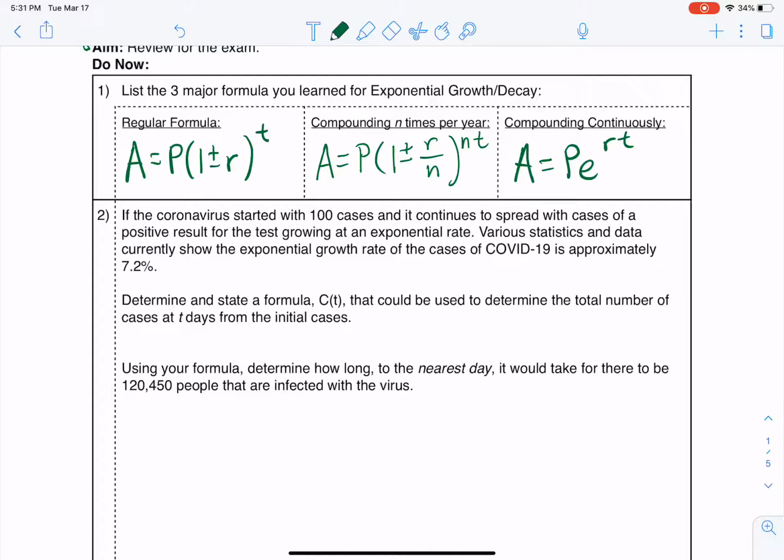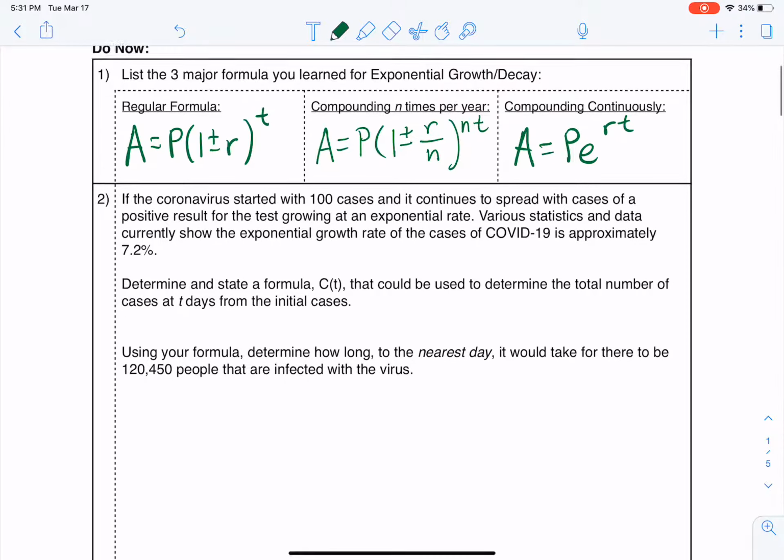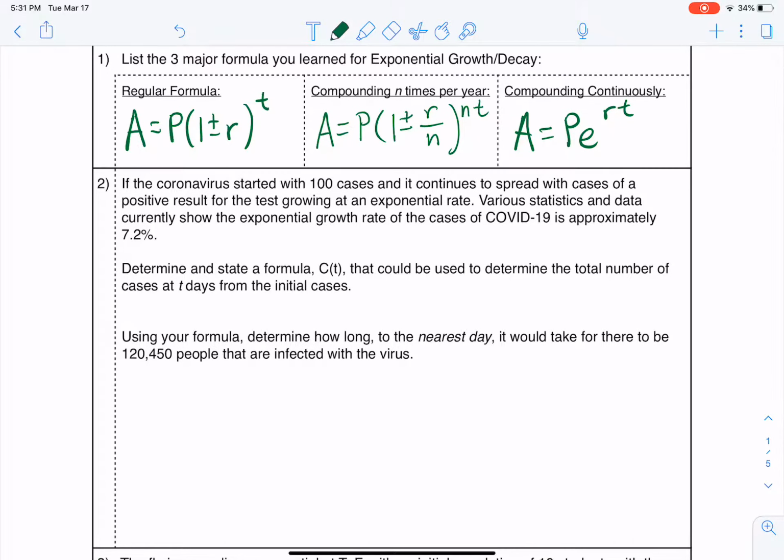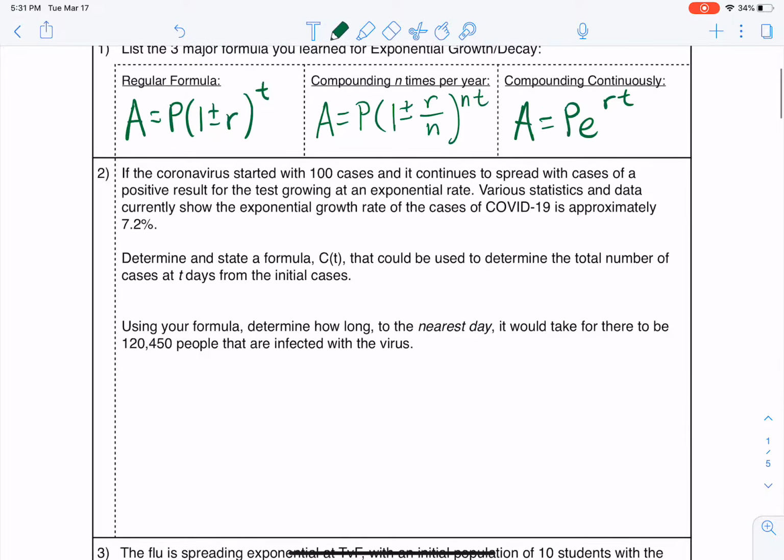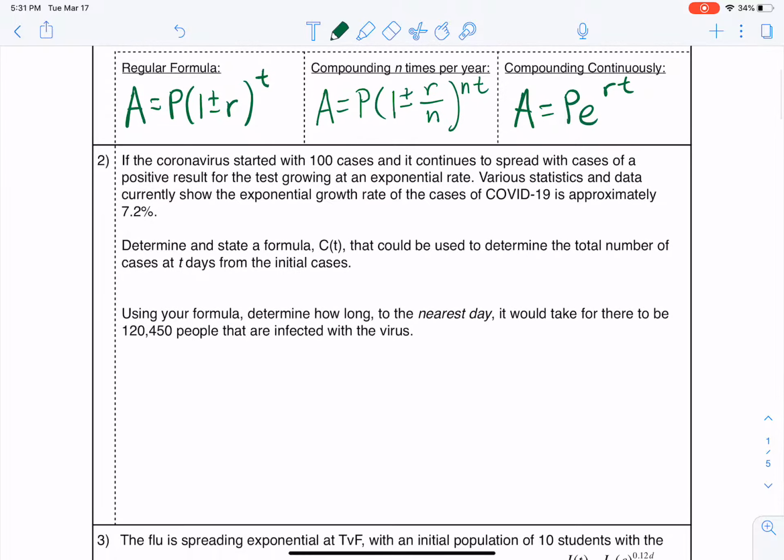E is our compounding continuously constant, and that is the number we investigated. That's approximately 2.78. All right, so based on the problems we see, we use different versions of the exponential growth and decay formula. So let's look at one of these in practice.